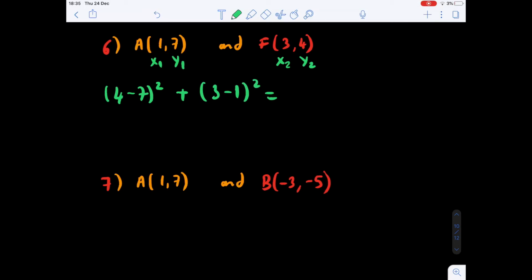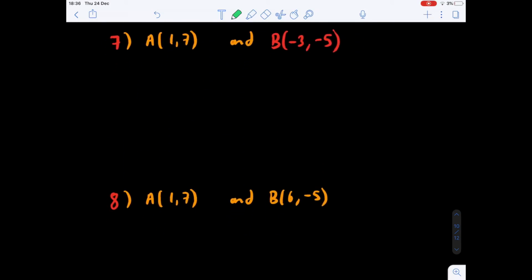Guys, do not forget, you can name it however you want. You can pick any letter, it doesn't matter. The distance between point A and F is A, let's say. So A squared equals 9 plus 4. So root 13 is the answer.